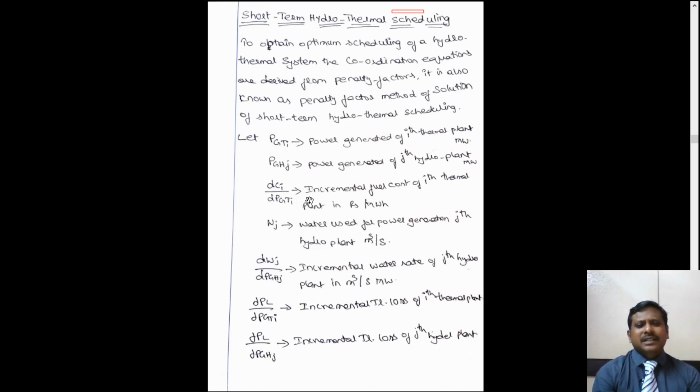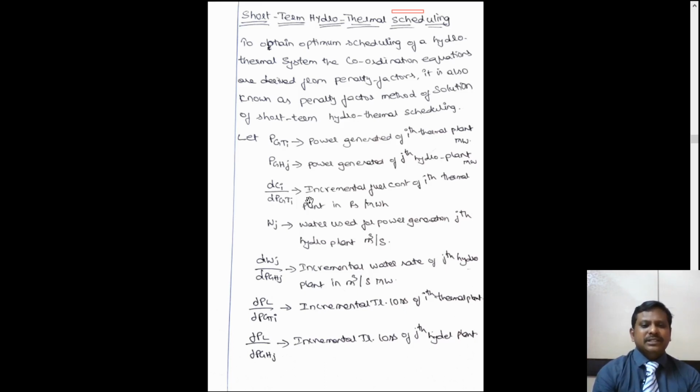That is, in our example, the Simhachalam thermal plant consisting of 4 units, so i is equal to 1, 2, 3, 4, since it has 4 units. It is the power generated by thermal power plant unit 1, unit 2, unit 3, unit 4, like that.